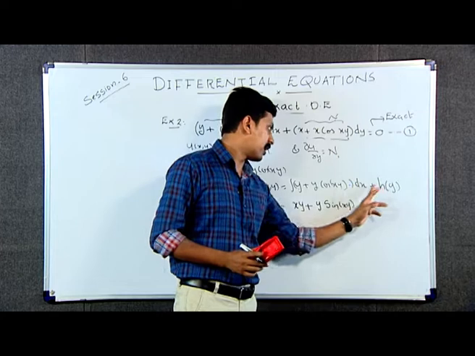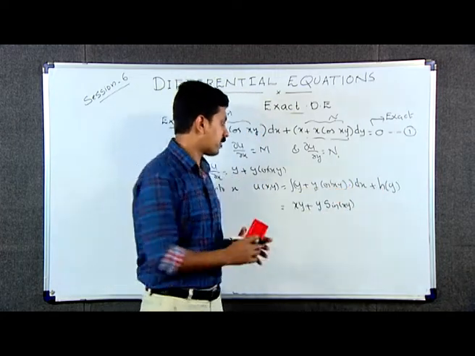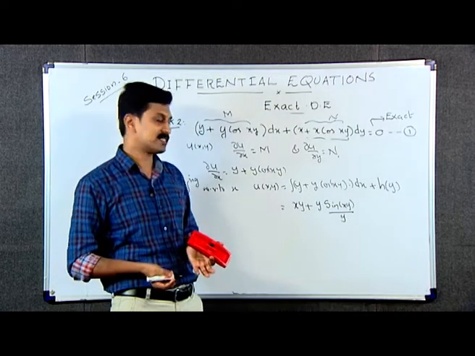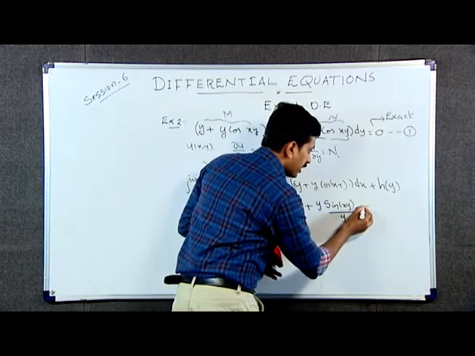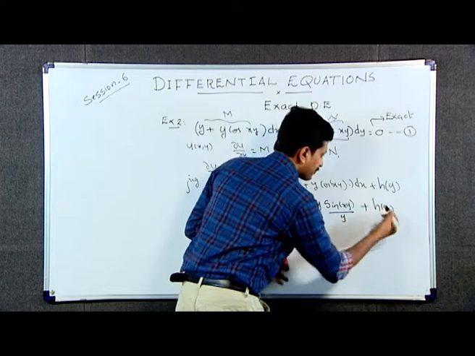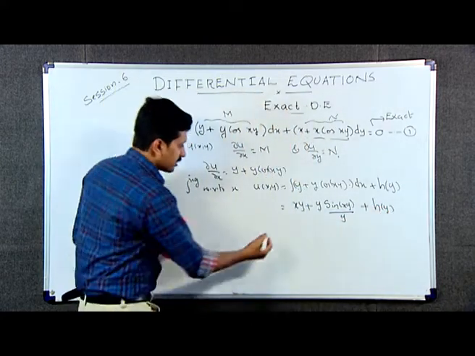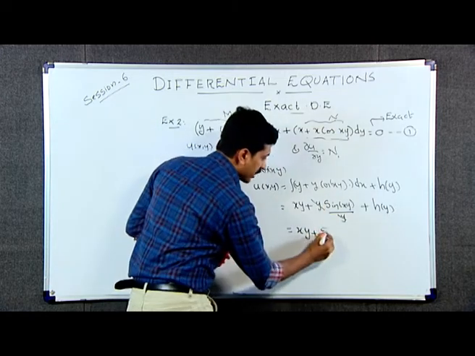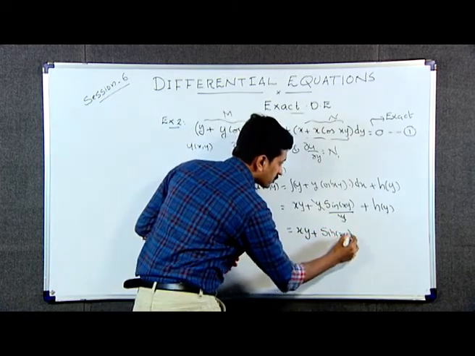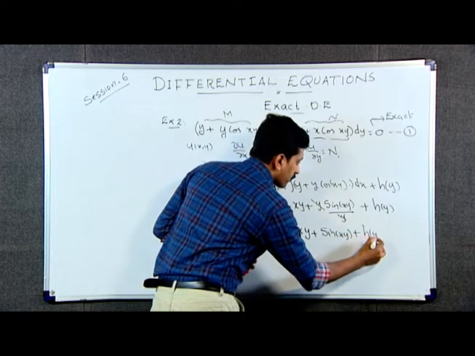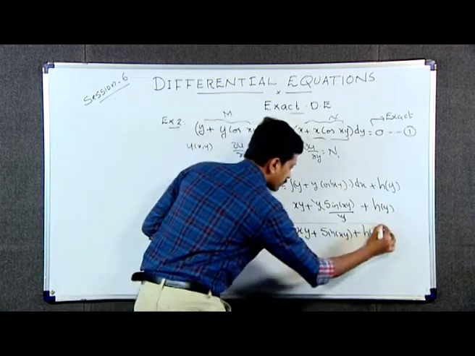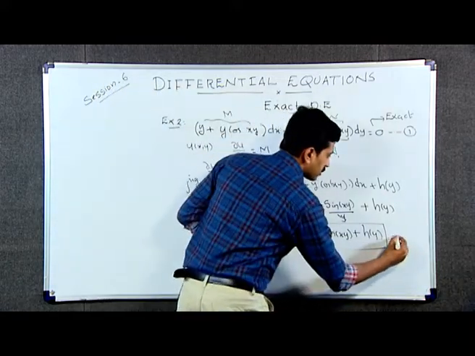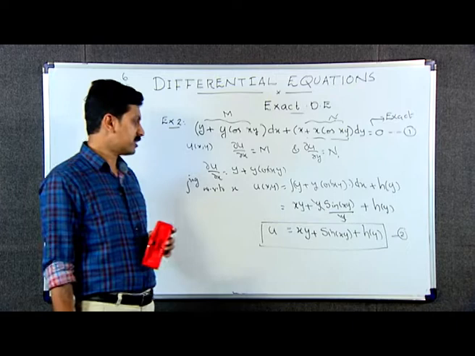Here we are integrating with respect to x, therefore y is a constant, so instead of a, y will appear in the denominator. Plus h(y). Cancelling y and y, this is xy plus sin(xy) plus h(y), which is u. I am taking this as equation 2.